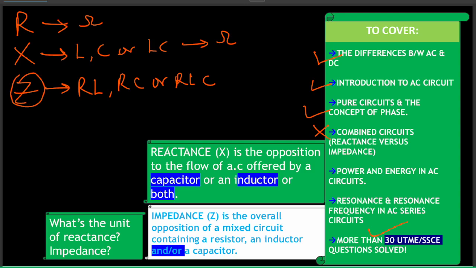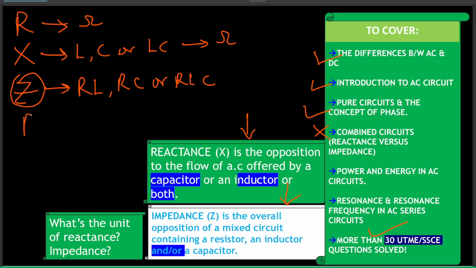Is that okay? So take note of these definitions here, and the unit of reactance and impedance, we've established that it is the ohms. All right, as long as it has to do with the opposition to the flow of current, it is ohms. Okay, now we are dealing with 4 circuits, 4 combined circuits.